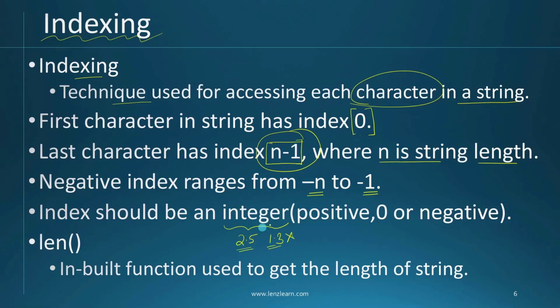It should always be an integer, but it can be positive, 0, or a negative number. We don't have a problem. And we have an inbuilt function called len, which will find out the length of the string that you give as input to this function. Okay, so now let us see an example of all of this, and then it will be clear to you.